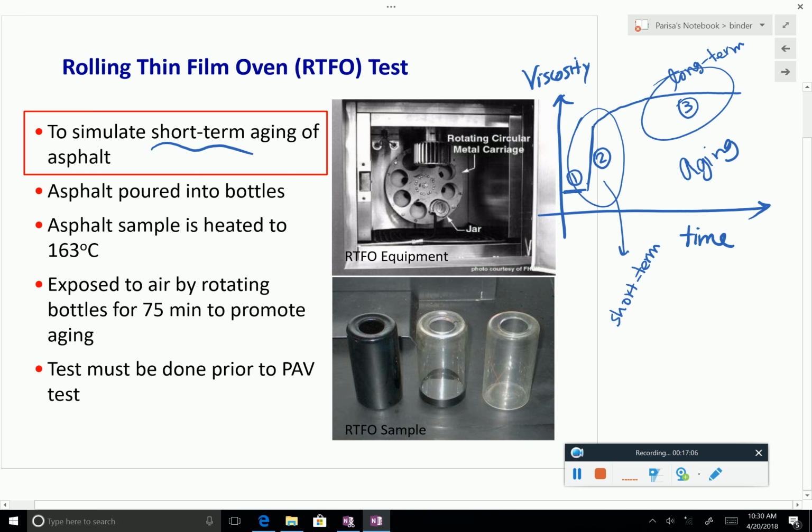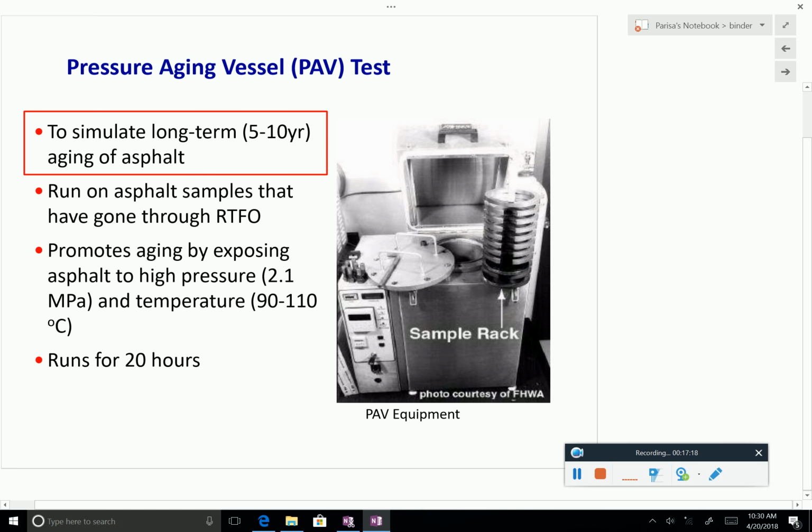Once you do that, this RTFO test, this is also in your homework. You need to explain what it does and so on, if you have checked out the homework. Once you do that, you also have another test where you try to simulate this long-term behavior, because essentially you want to know as a designer, during the service life of the pavement, how the properties are going to change.